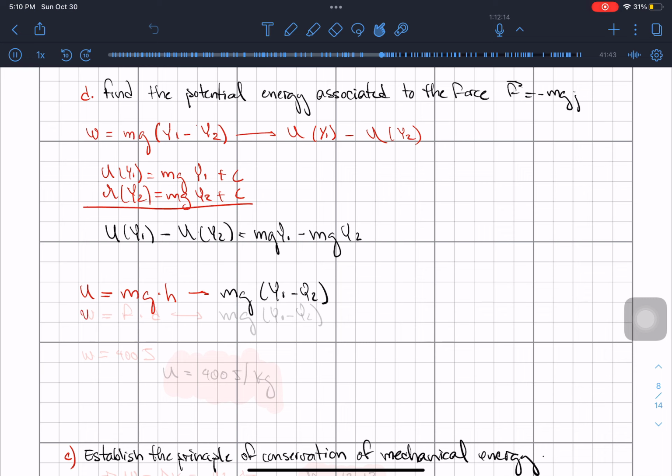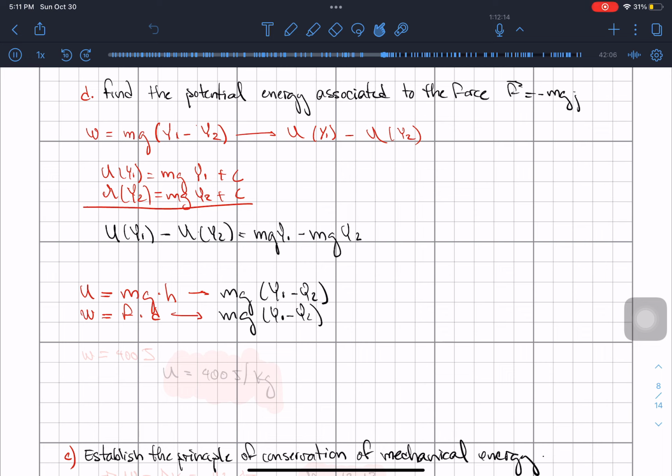Work will be the force times the distance, which basically translates to the same equation because we're talking about the gravitational force in this example. Y1 minus y2.